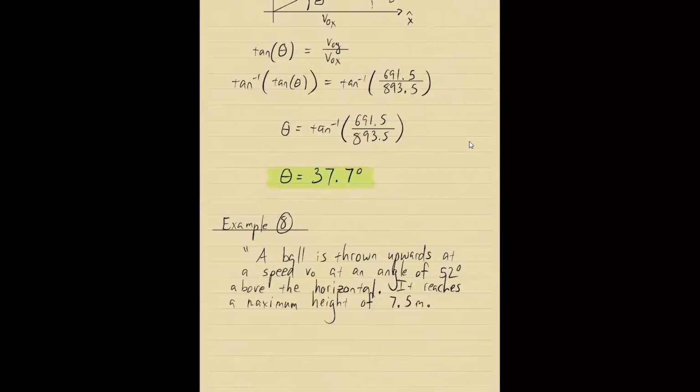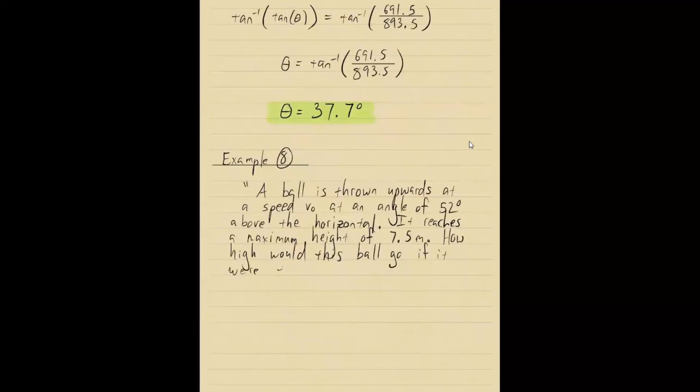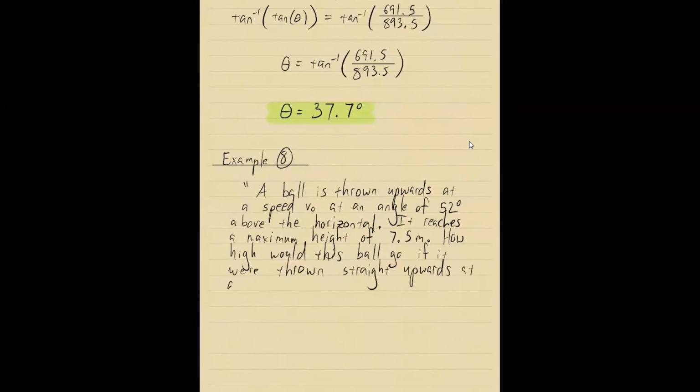So the problem's asking, well, how high would this ball go if it were thrown straight upwards at a speed v naught?